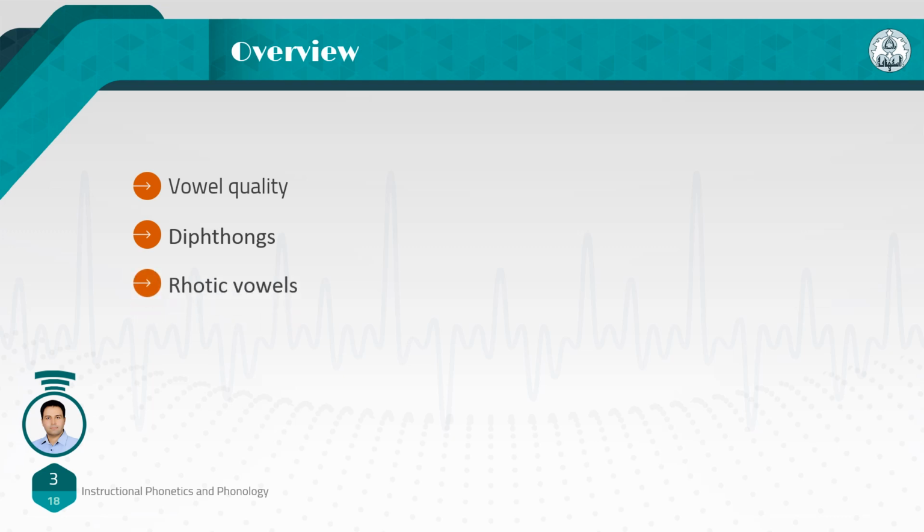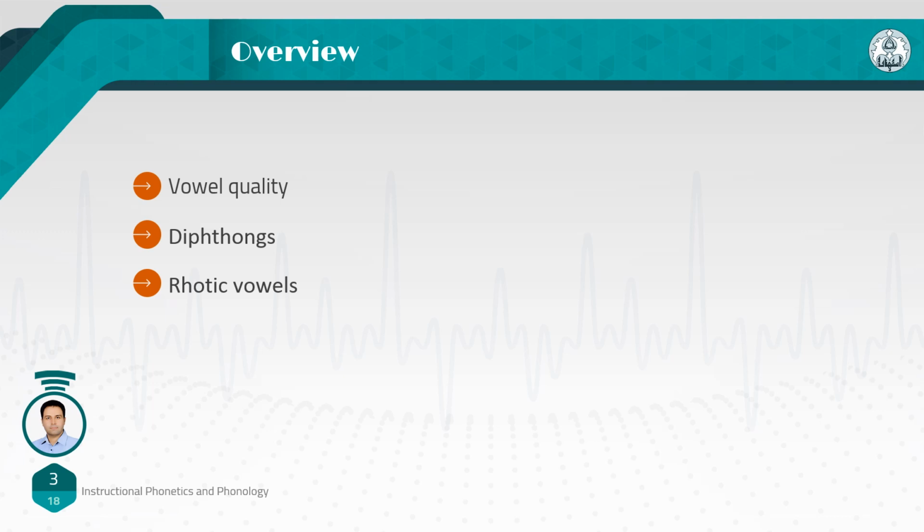Afterwards, we talked about rhotic vowels. We said that some languages or some accents of English permit some form of r after a vowel. They are called rhotic. Some other accents are non-rhotic. The pronunciation of the vowel, for example, in sir, is r-colored.